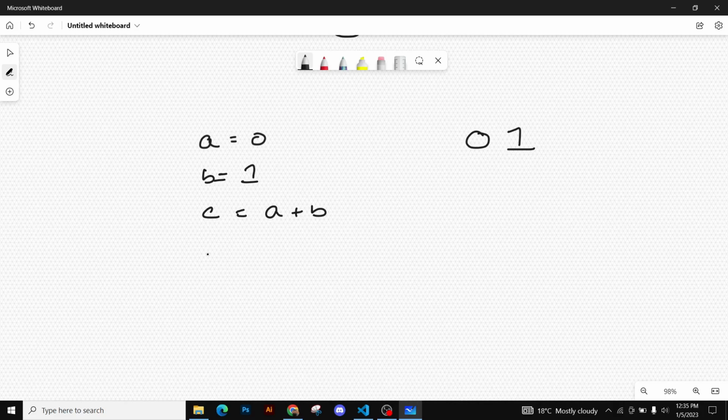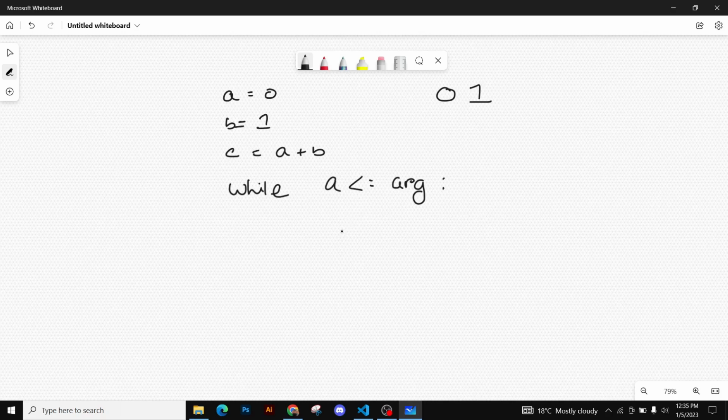So we're going to write a loop: while a is less than or equal to the argument.